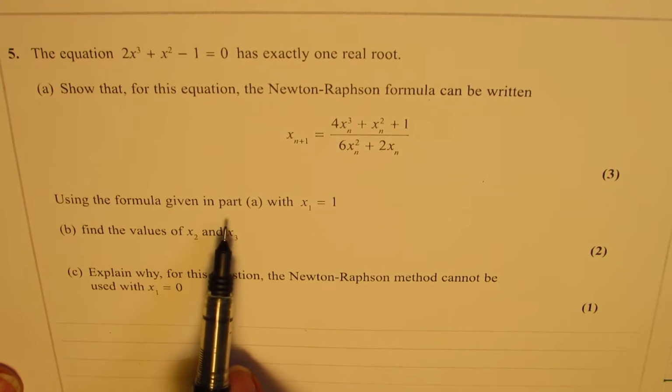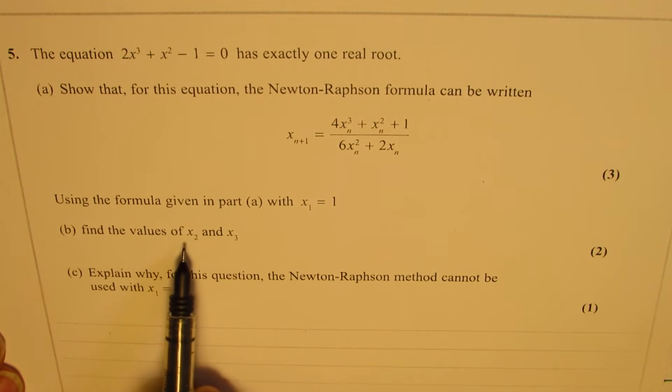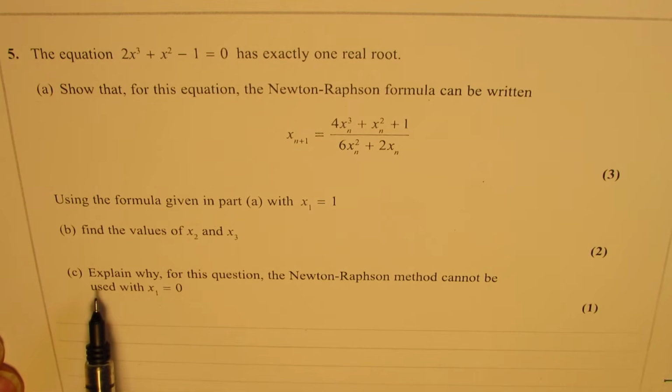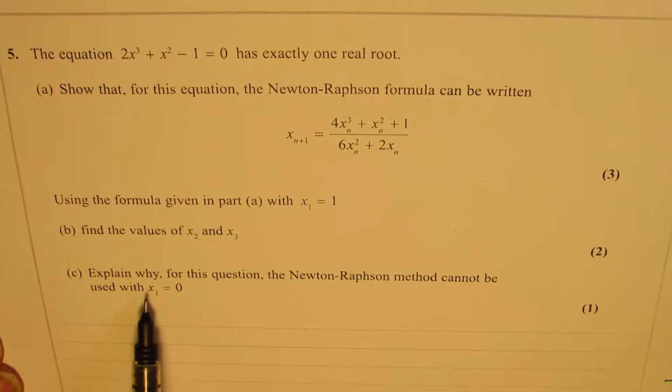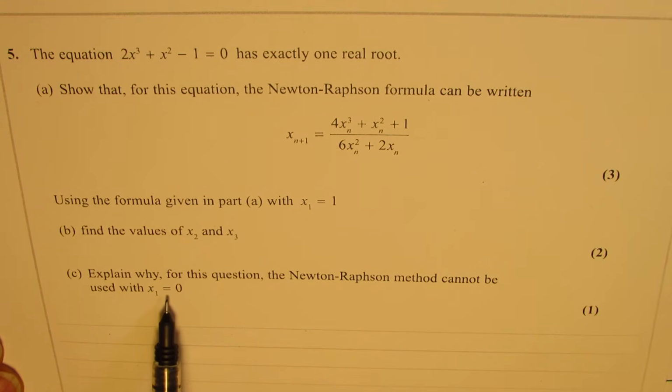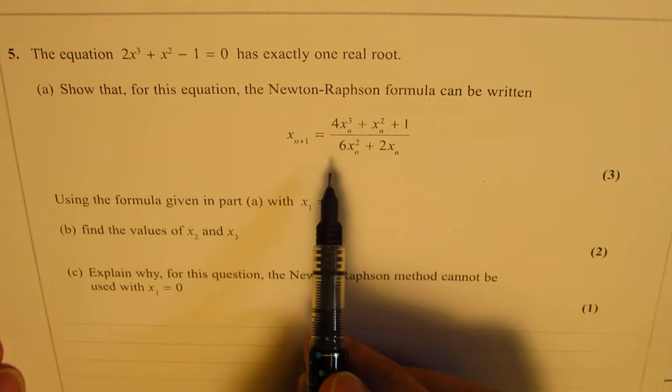Using the formula given in part A with x1 equals 1, find the values of x2 and x3. Explain why for this equation the Newton-Raphson method cannot be used with x1 equals 0. So that means you cannot start with 0, right? The base was already provided in the first part. Now let's answer these questions.